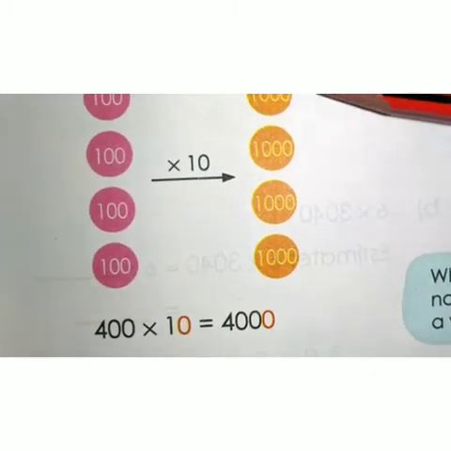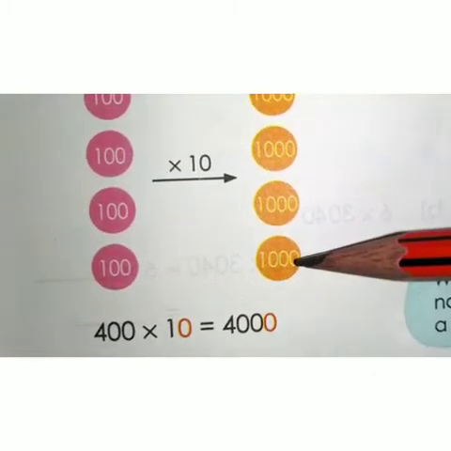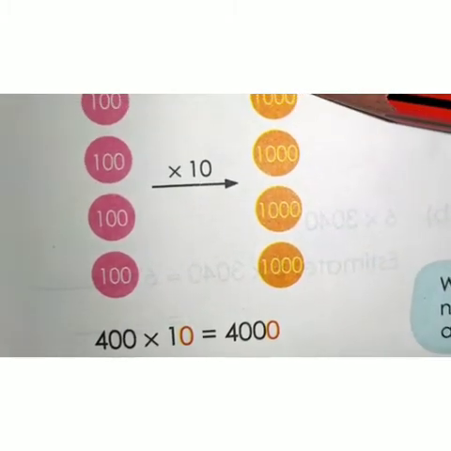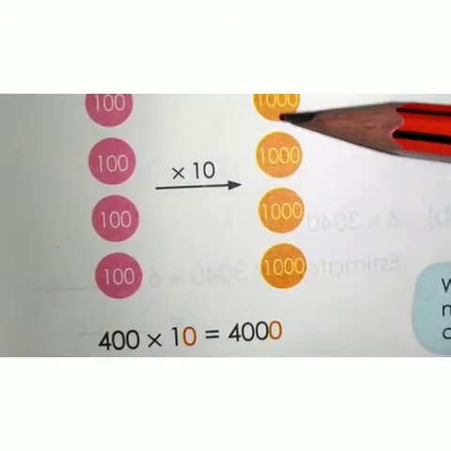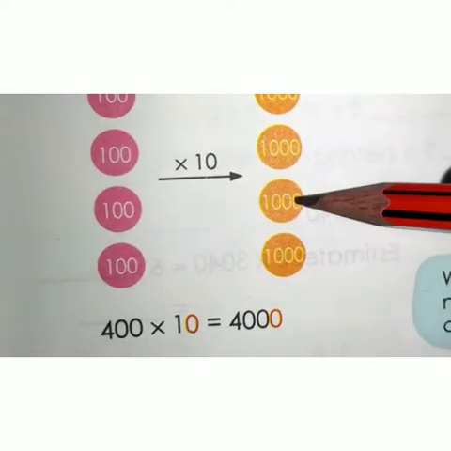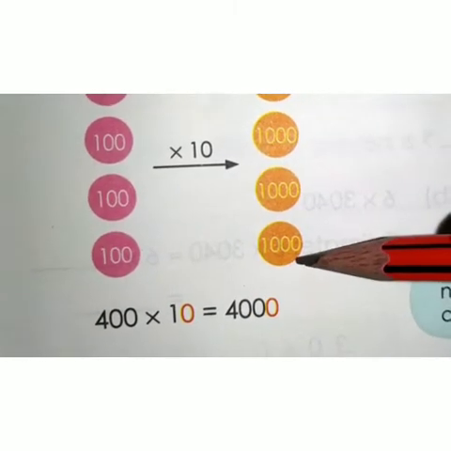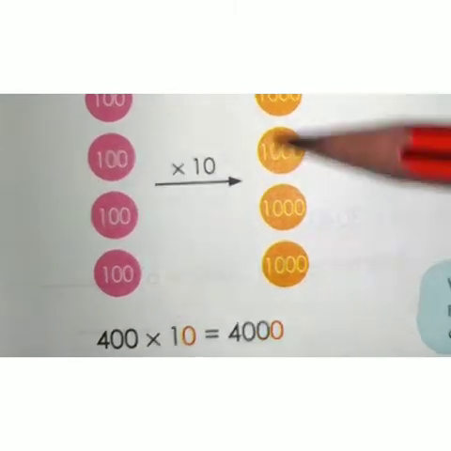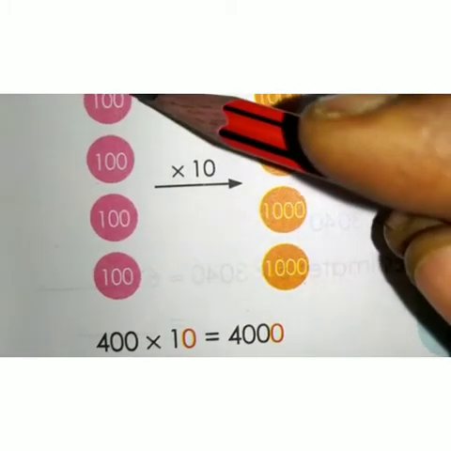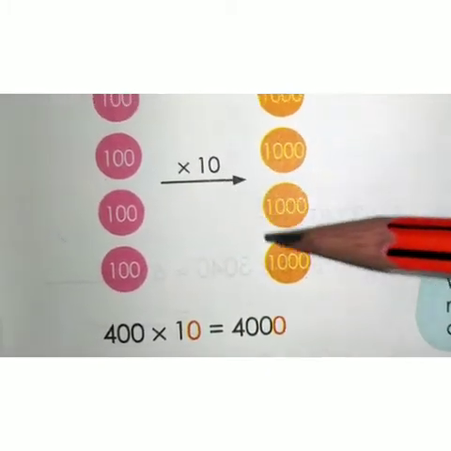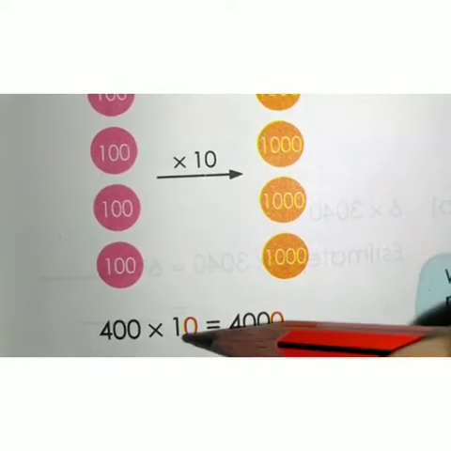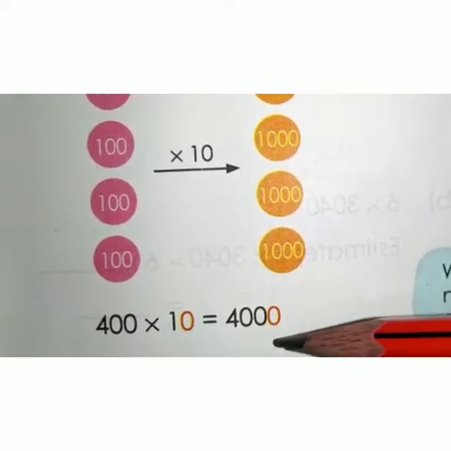Now add all these 4 thousands. 1000 plus 1000, 2000. 2000 plus 1000, 3000. 3000 plus 1000, 4000. So you will get the answer as 4000. 400 into 10 is equal to 4000.